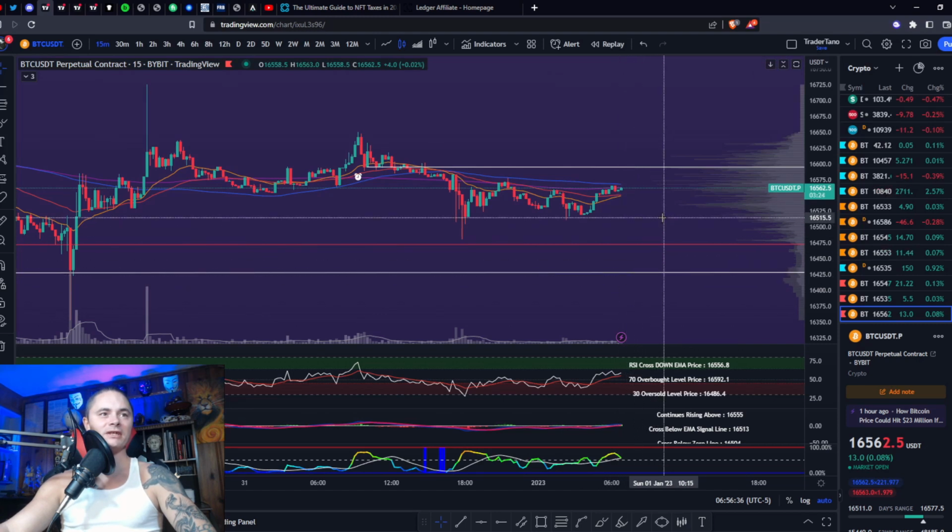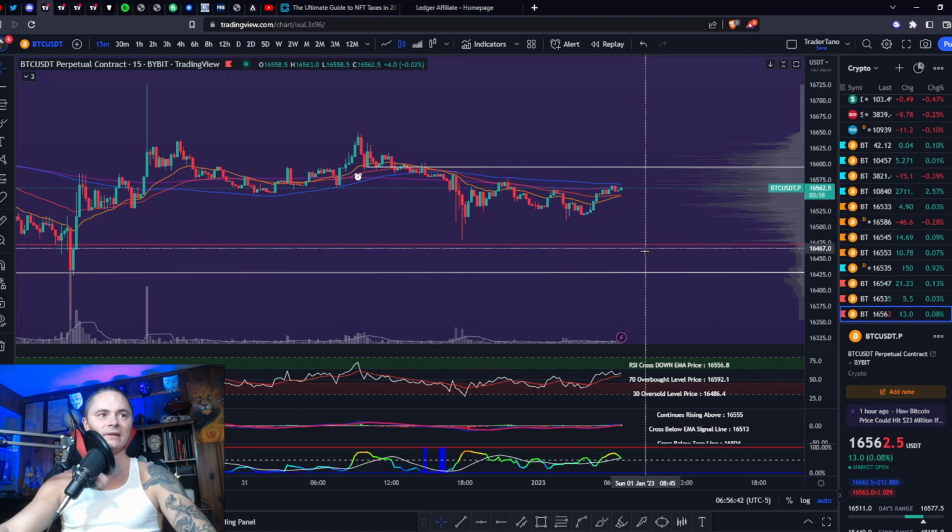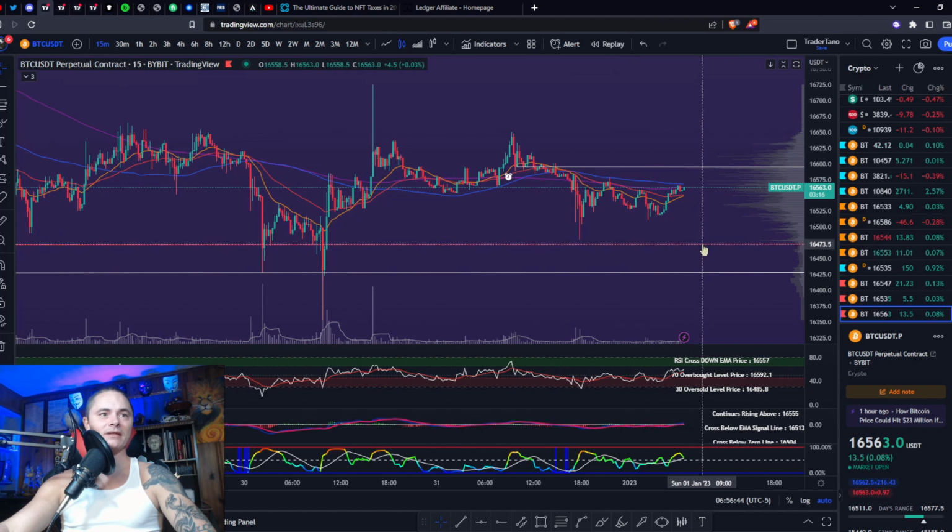All right, so bearish case is that you break these last lows at basically 16,516. If that happens, I would expect us to come down to the wick low at 16,475. If we break that, I do expect quite the bounce at 16,430.